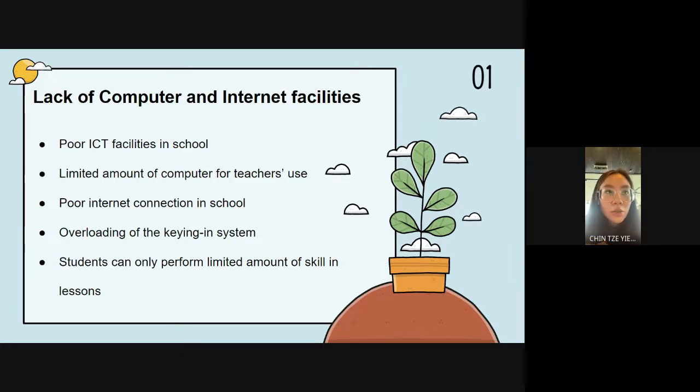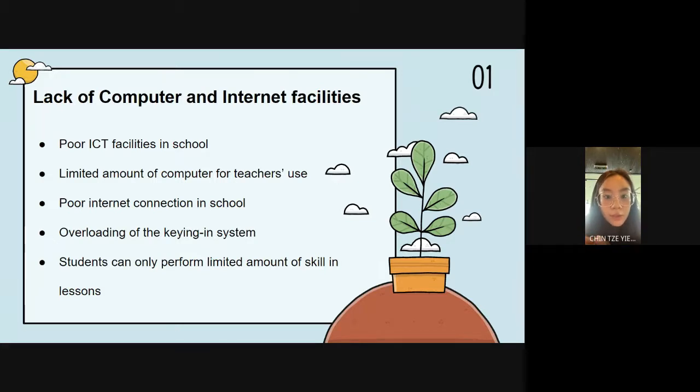According to research by Pink 2020, even though the teachers took initiatives, that is, they brought their own laptops to school, they still cannot find a solution to this problem because of the poor internet connection in school.